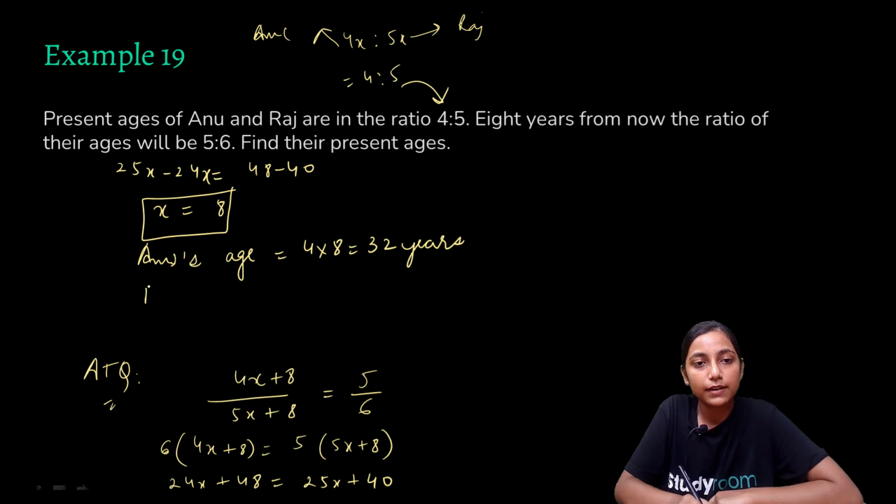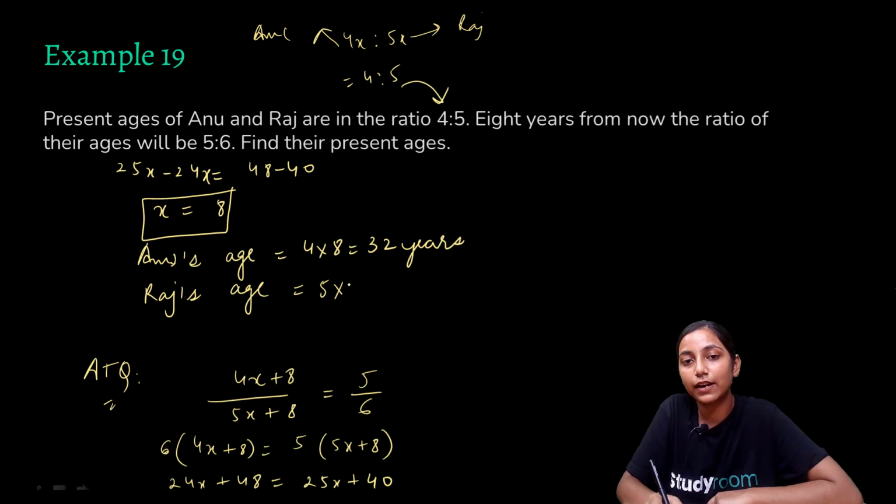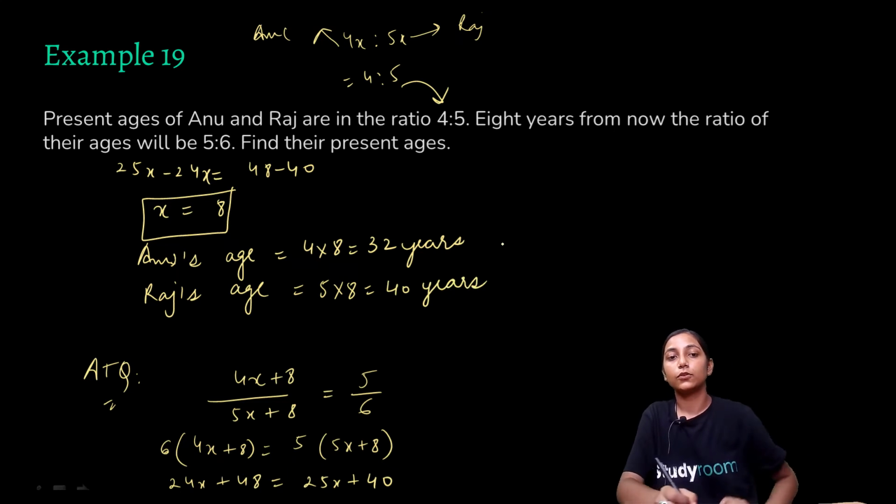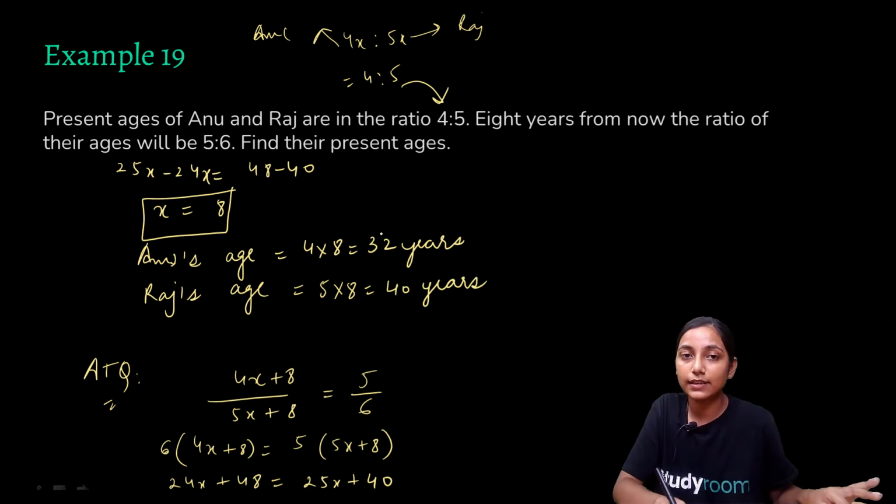And what will be Raj's age? Raj's age was 5 into x, that is 5 into 8, that is 40 years. So this is what we had to find, Anu's and Raj's present ages.